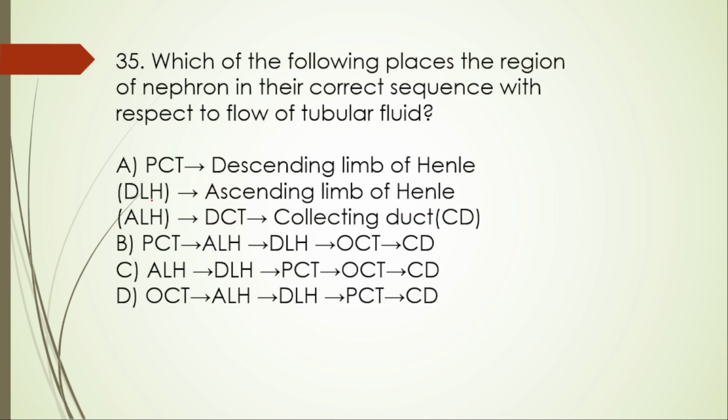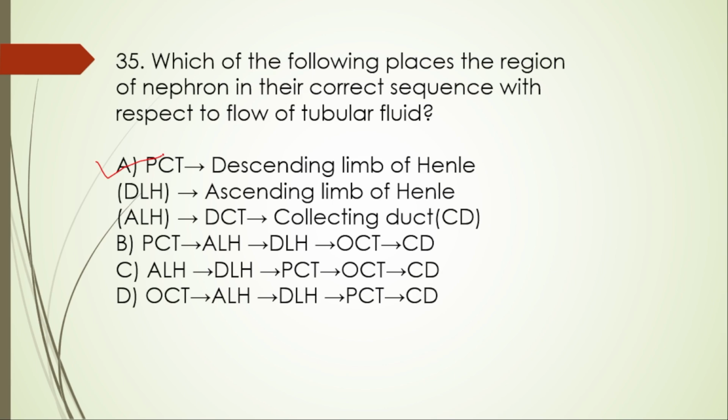Next one, that is question number 35. Which of the following places the regions of nephron in their correct sequence with respect to flow of tubular fluid? Option A: PCT, descending limb of Henle, ascending limb of Henle, DCT, collecting duct. So this one is right itself. In the proximal convoluted tubule, fluid enters here first after the filtration in the glomerulus.